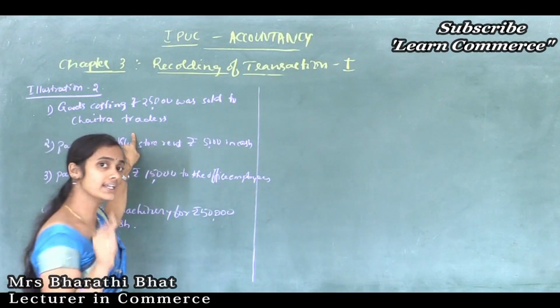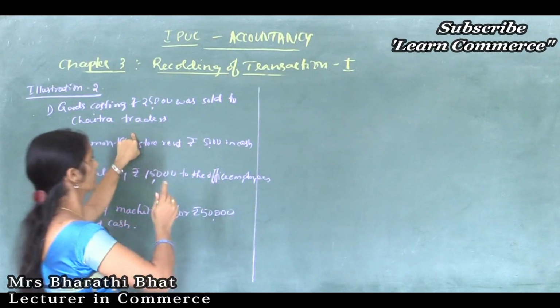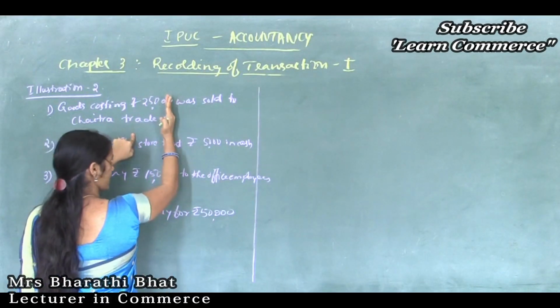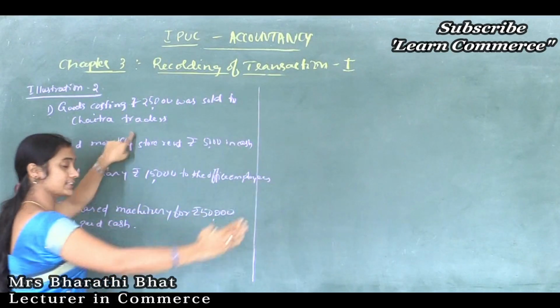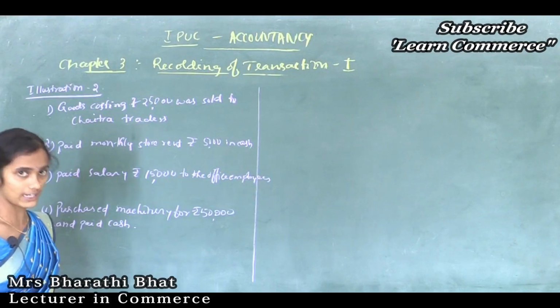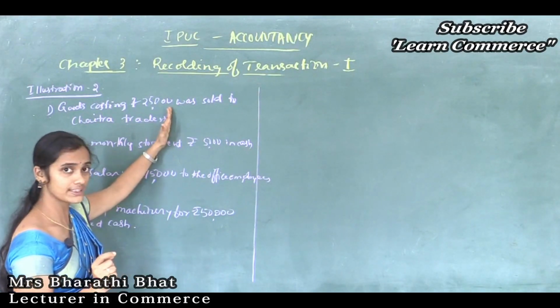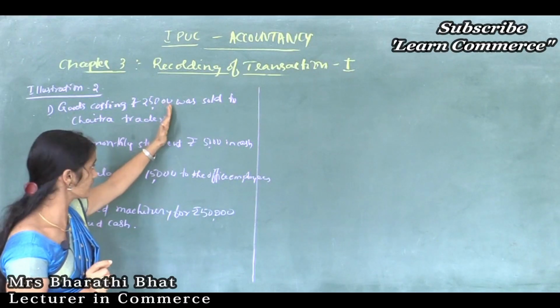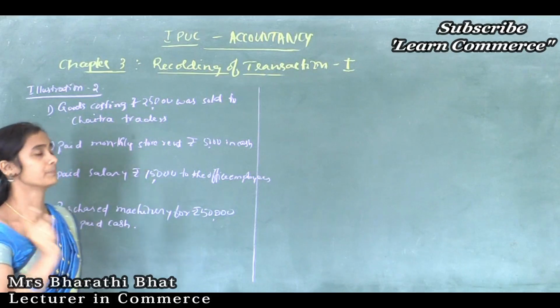I told you that when a person's name comes in the transaction, if the transaction stops there itself and does not continue with further words like cash or no cash, then you should consider that transaction a credit transaction.